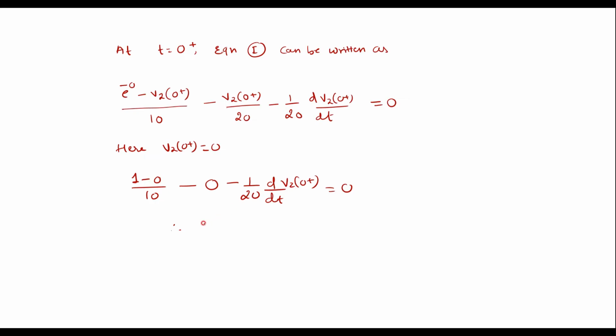So therefore we can write 1 by 20 d by dt V2 of 0 plus is equal to 1 by 10. So therefore d by dt V2 of 0 plus is equal to 2 volts per second.